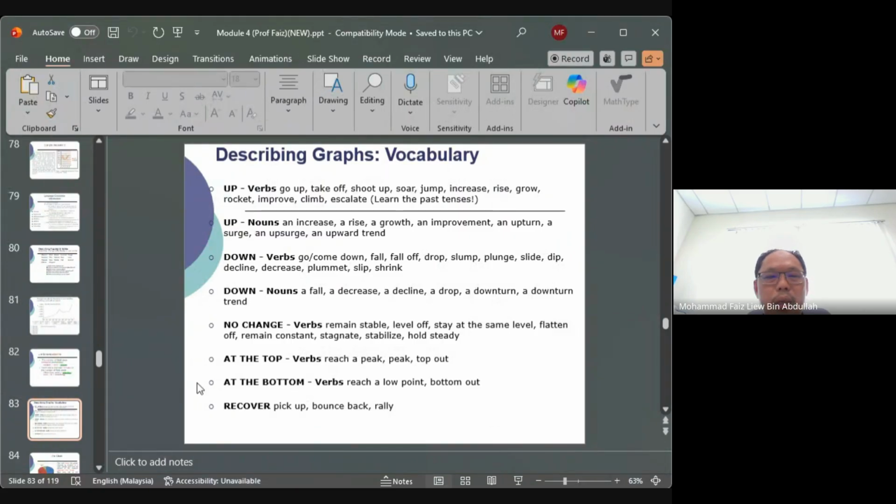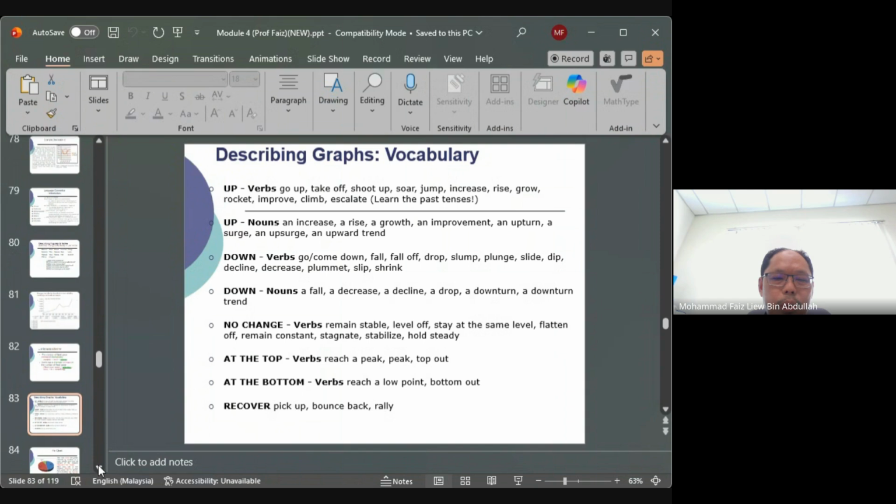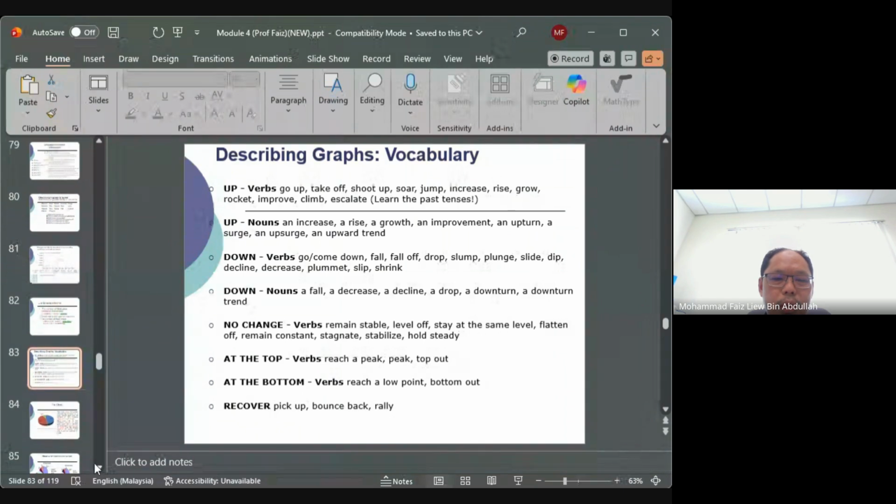And if the spike suddenly goes up and then comes down again, you can say initially decreasing, then suddenly spike, stick out, recover, or bounce back. So these are words that, if possible, incorporate into your thesis when you discuss.